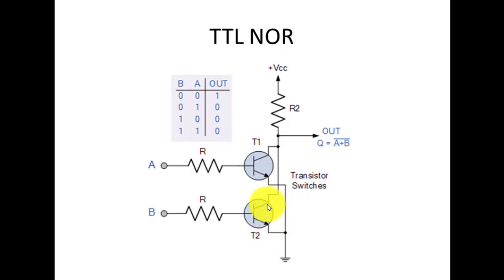As you are watching, the collector terminal of the second transistor is also connected with the collector terminal of the first transistor, and from the same node point we will take the output of the circuit.